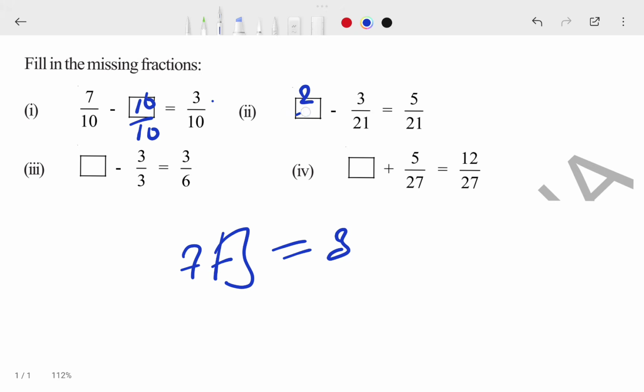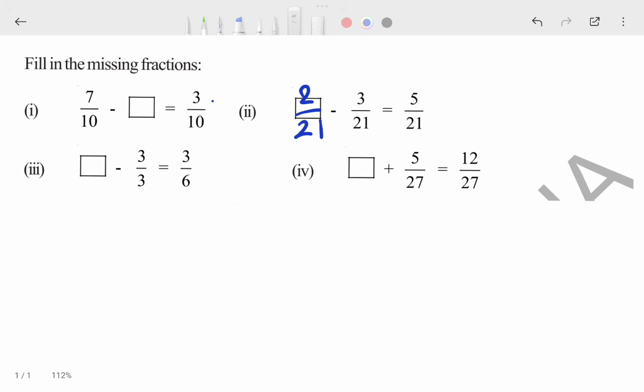Like here it will be 2 by 21. If I want to say directly, I can tell it like that. Here it is 4 by 10, and here 8 by 21. Let's talk about how it is generally happening.